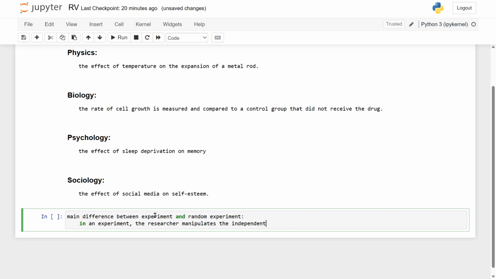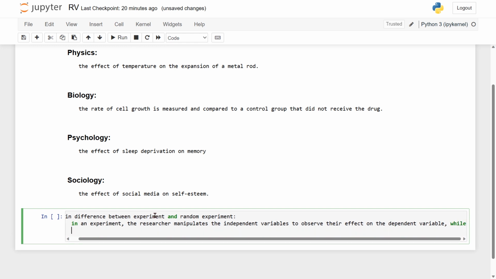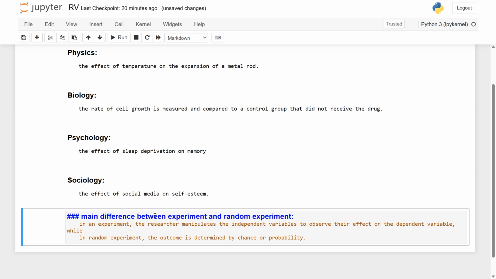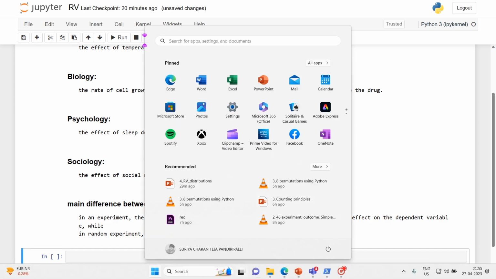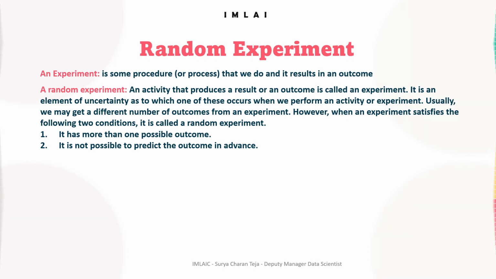That is the main difference between an experiment and a random experiment.